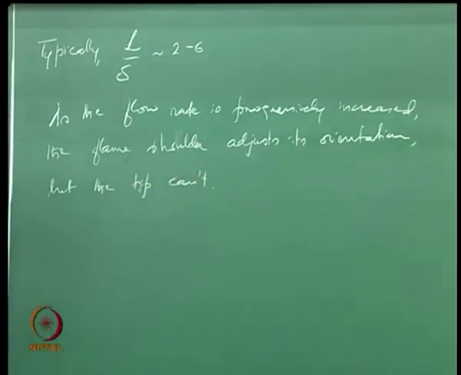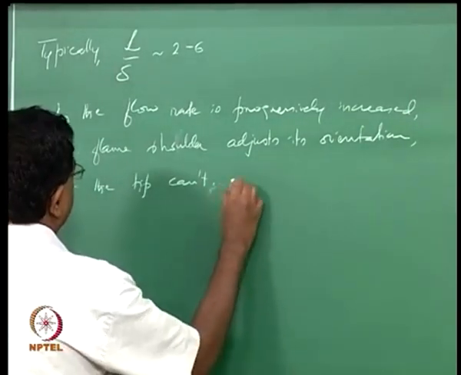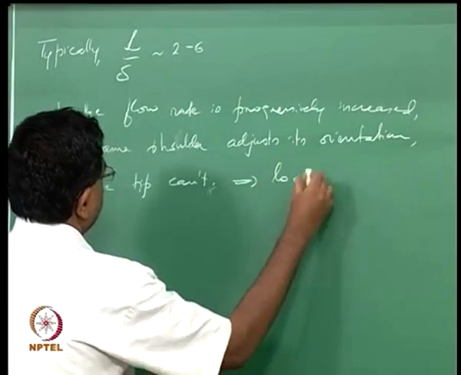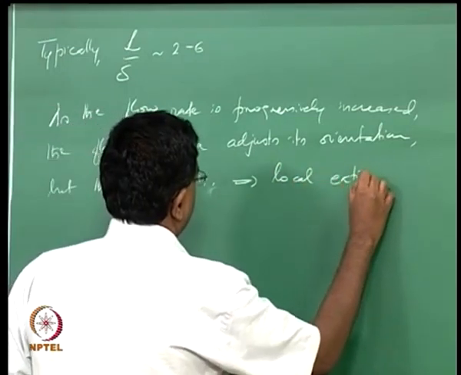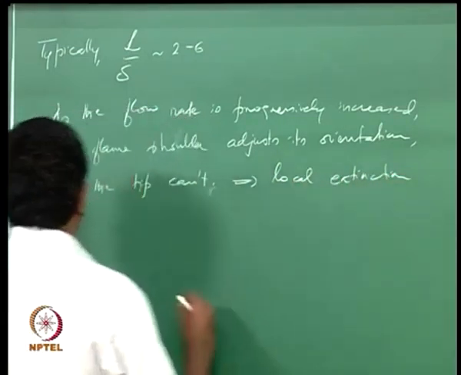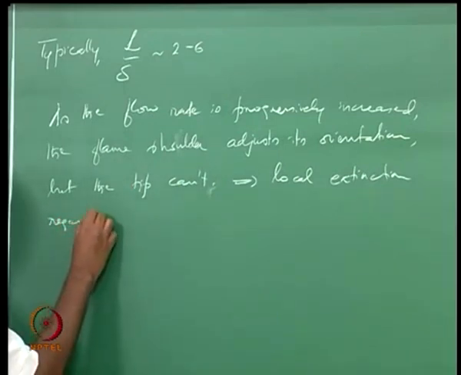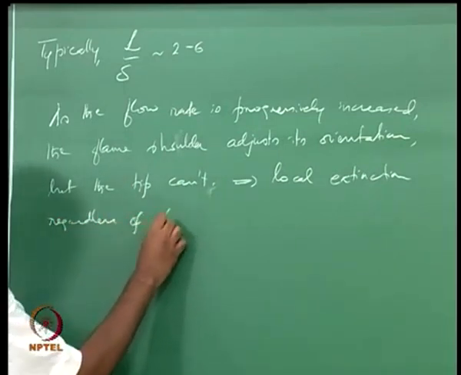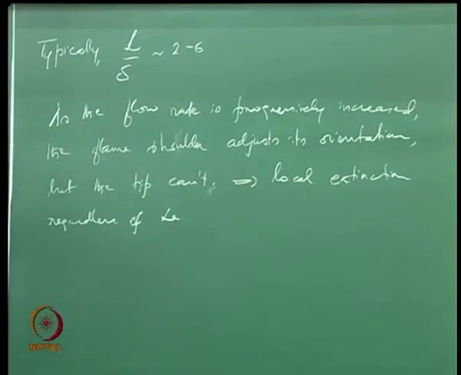The tip always has to stay as the tip. It can't adjust its orientation to the flow velocity. Therefore, this results in local extinction regardless of Le, whether it's greater than 1 or less than 1, and so on.